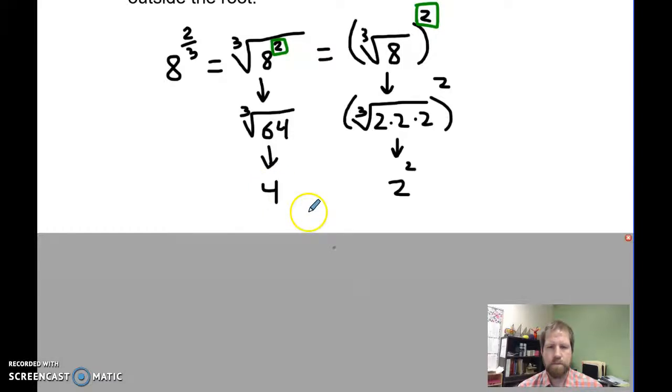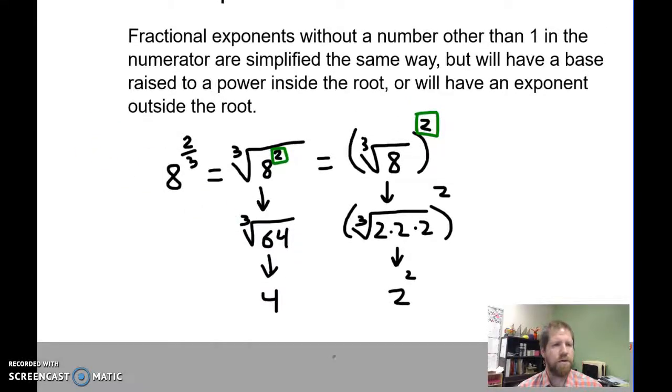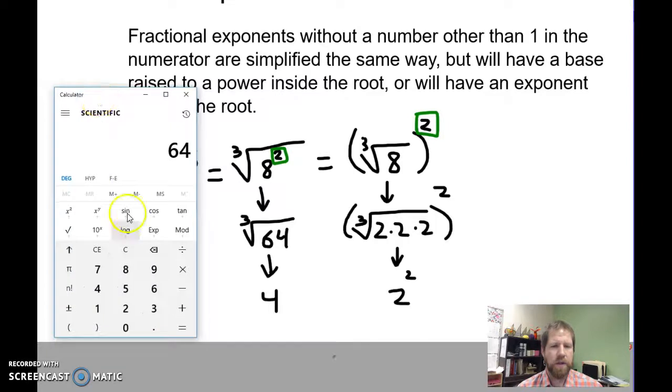The way you will do these, and I forgot to show you on a calculator last video: when you have a root other than square root, the way I usually do them, if I'm not sure, is I use this button right here, x to the y, or sometimes it'll be a caret.